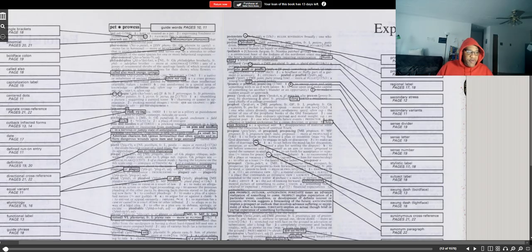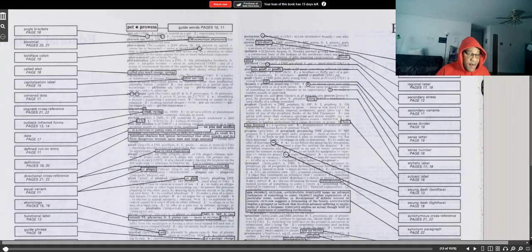They're giving you an example and showing you all the different parts in a word history setting, giving you information on how to understand what these things mean.